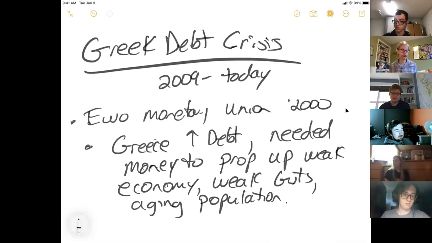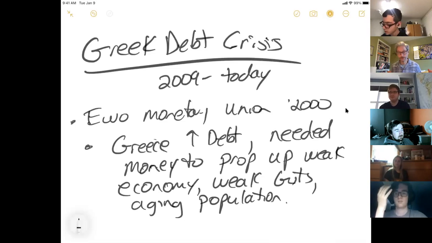Greece only had about a 30% collection rate for taxes. So in other words, about 70% of all taxes in Greece went uncollected because so many people were simply not paying their taxes. So just a huge, inefficient government.